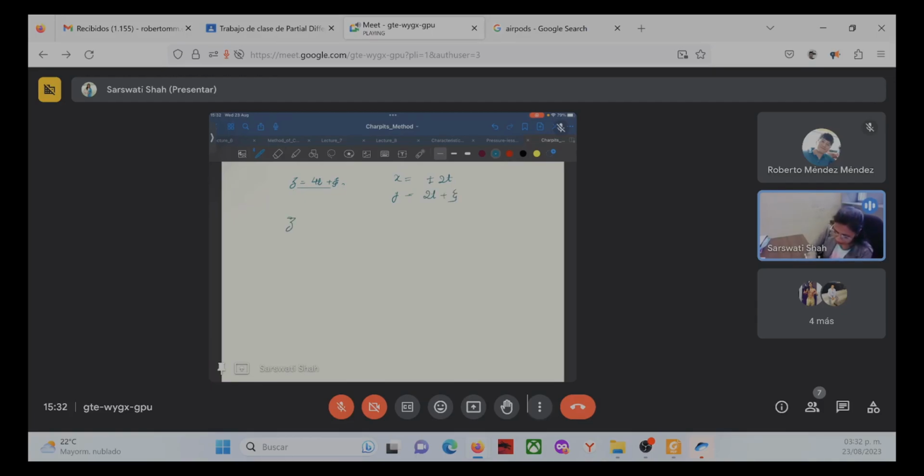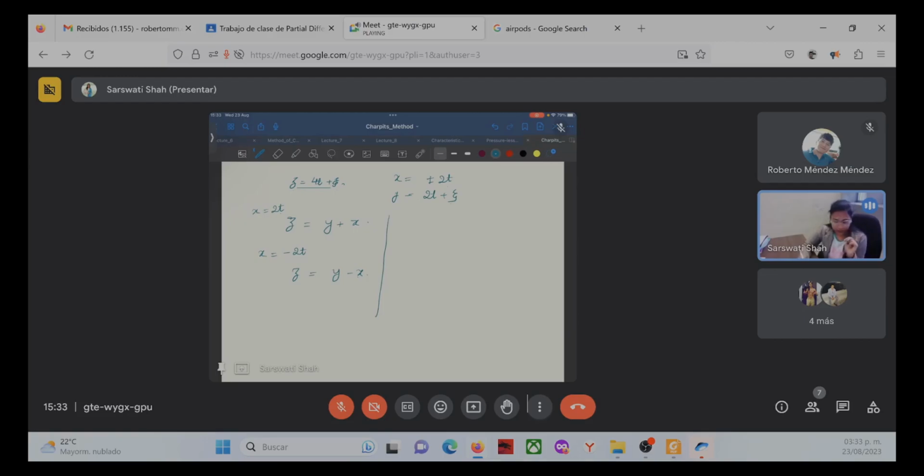Now we need to be careful. If we are taking x equals 2t, then z will be simply y plus x. You can see y equals 2t plus xi and x equals 2t, so it will be 4t plus xi. However, if we are taking minus 2t, then z will be y minus x. That minus minus will be plus, and 2t plus 2t will be 4t plus xi.